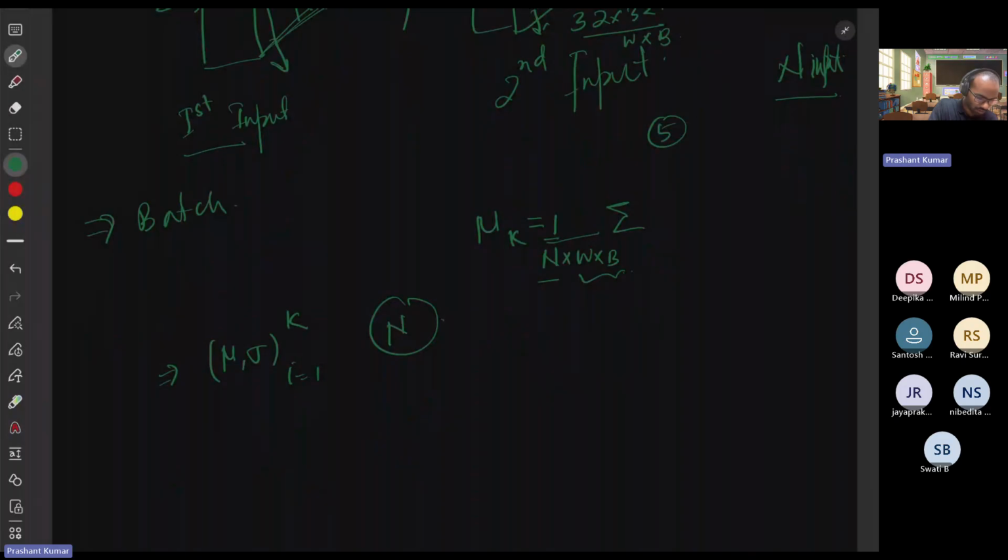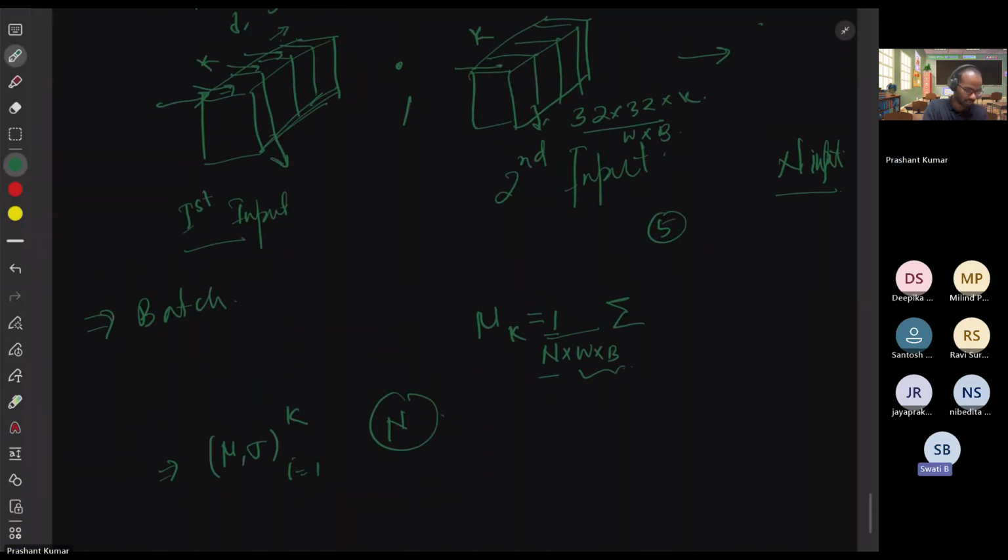So this is what we will get, and let's call this some value A. This A is a pixel value, for i equal to 1 to n, w equal to 1 to W, and b equal to 1 to B, summation of A of i w b, right?